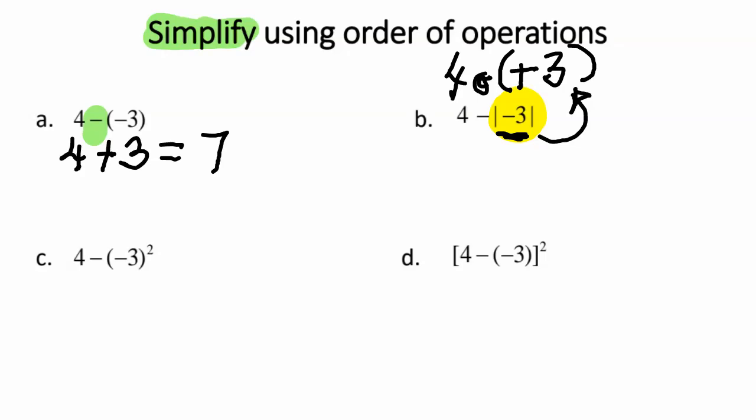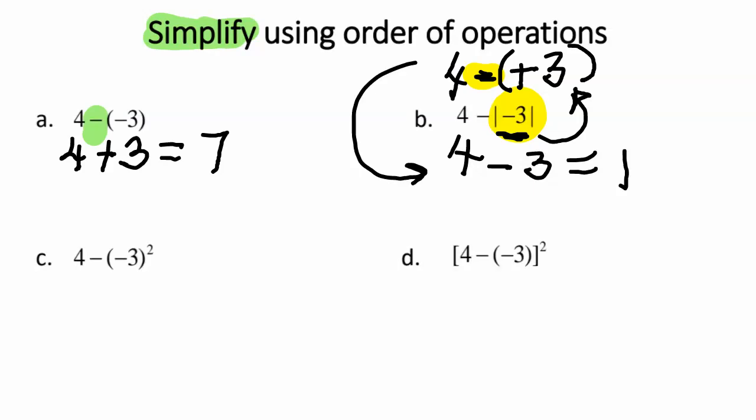Remember this little symbol of negative right here means the opposite of a +3, which means I have 4 minus 3, or the answer of 1.